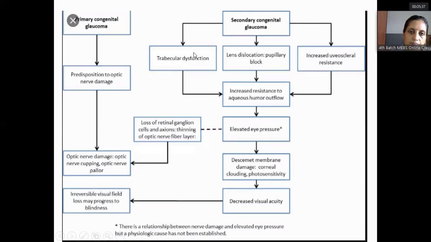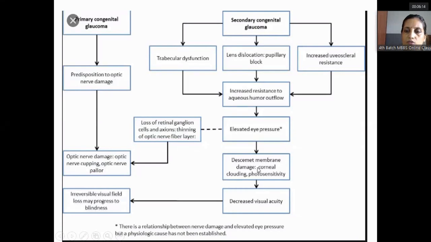In secondary congenital glaucoma, it can be due to trabecular dysfunction, or due to lens dislocation, which causes a pupillary block, or there can be increased uveoscleral resistance. All of which lead to increased resistance to aqueous humor outflow, and this causes elevated eye pressure, which eventually leads to loss of the ganglion cells, which causes thinning of the optic nerve fiber layer and which causes the optic nerve damage.